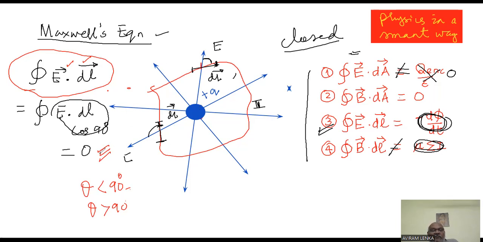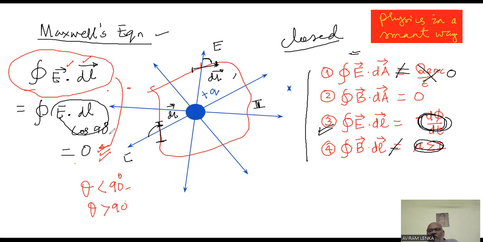So that gives us a feeling that this is a universal idea, not a particular singular idea, that the closed path integration of E·dl will be equal to 0. That is in conformity with the law of conservation of energy.